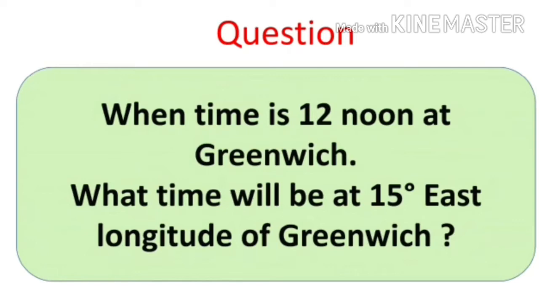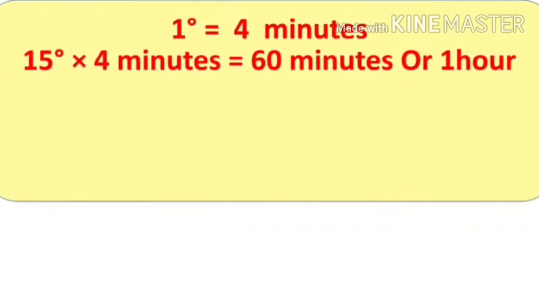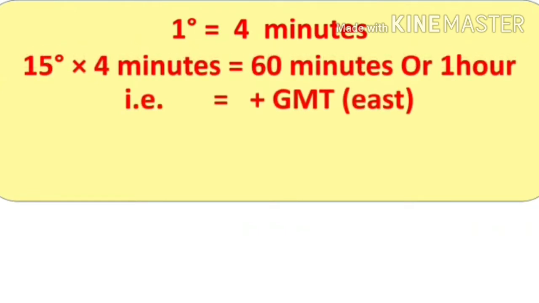We know that in order to cross 1 degree, it will take 4 minutes, right? Yes. So here they are asking the question in order to cross 15 degrees. So 15 degrees multiplied by 4 minutes, then it will be 60 minutes. 60 minutes equal to what? 1 hour, right?